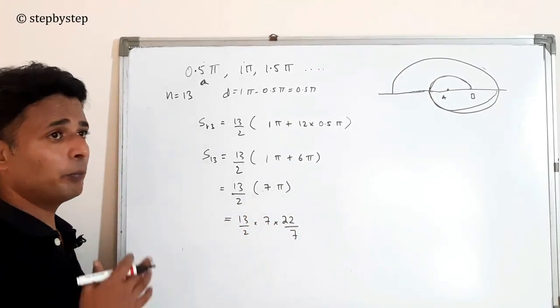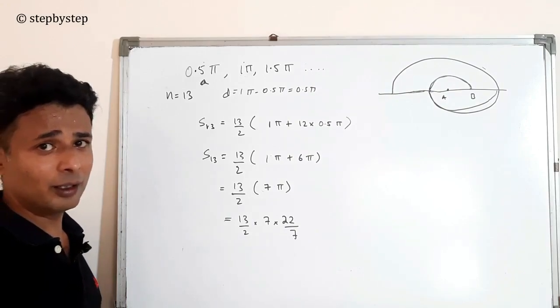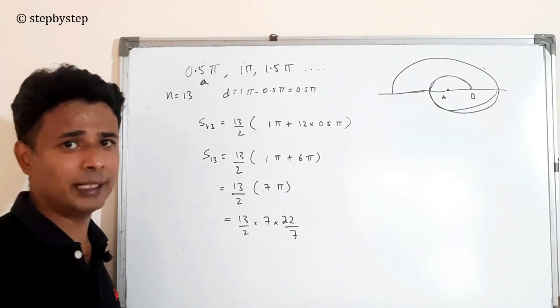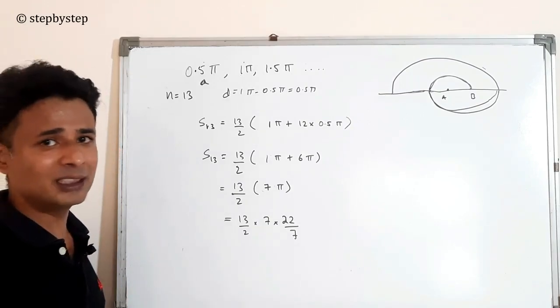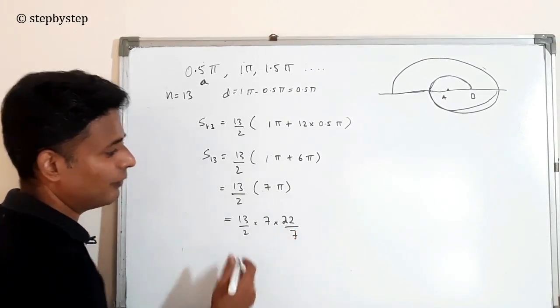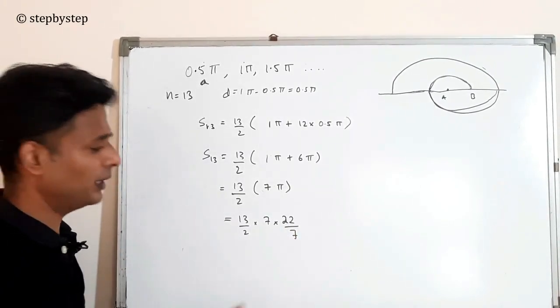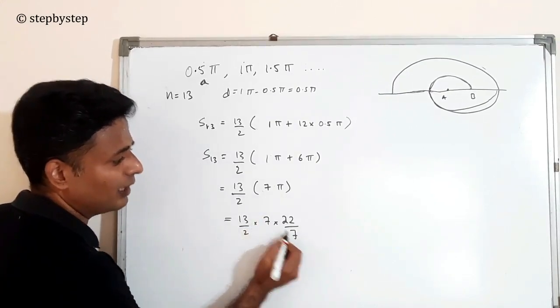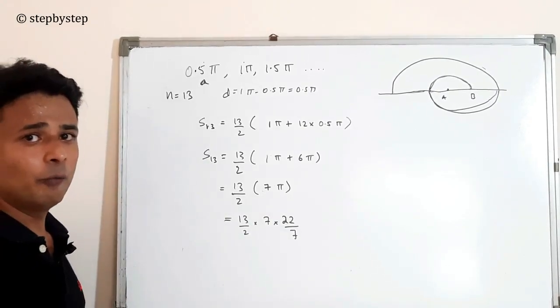In any problem, most or the majority of the problems that you get, they'll give you values such that 22 by 7 for pi is easily calculable. So basically, in most of your problems, you'll find that 7 will definitely cancel with some other value.